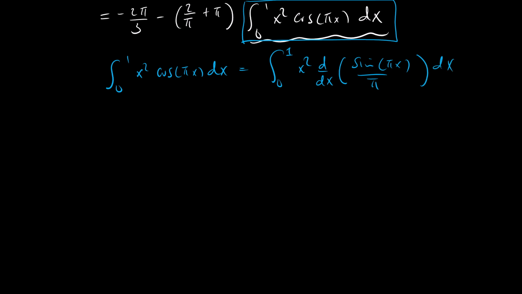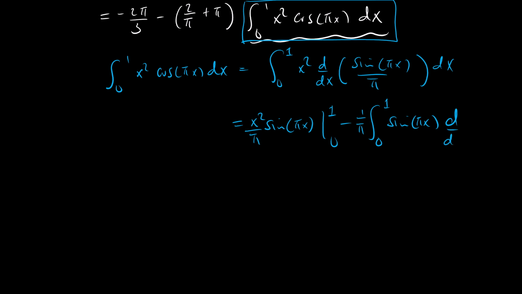And we shall use the same integration by parts, so we have x squared over pi sine pi x from 0 to 1 minus 1 over pi. We're pulling the constant out. And then we have the integral from 0 to 1 of sine pi x times the derivative of x squared. So as we can see, here we have 1 over pi sine of pi minus 0.